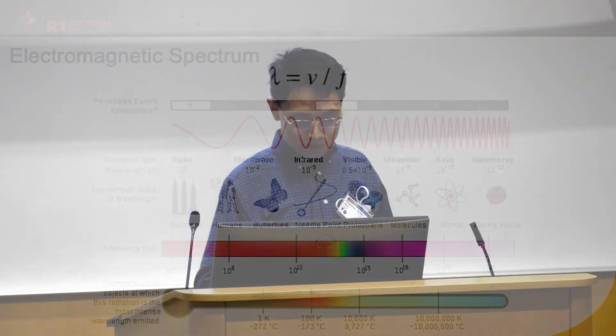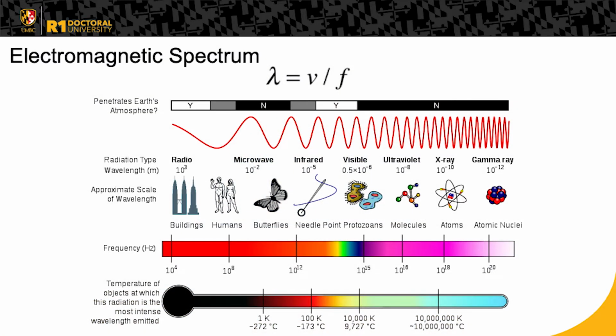You can decompose any arbitrary electromagnetic wave into monochromatic electromagnetic waves, which we call Fourier analysis. This is the basic structure of the wave. You have a wavelength, which is a vector, by the way, right? Electromagnetic wave is a vector wave. It actually has a direction.